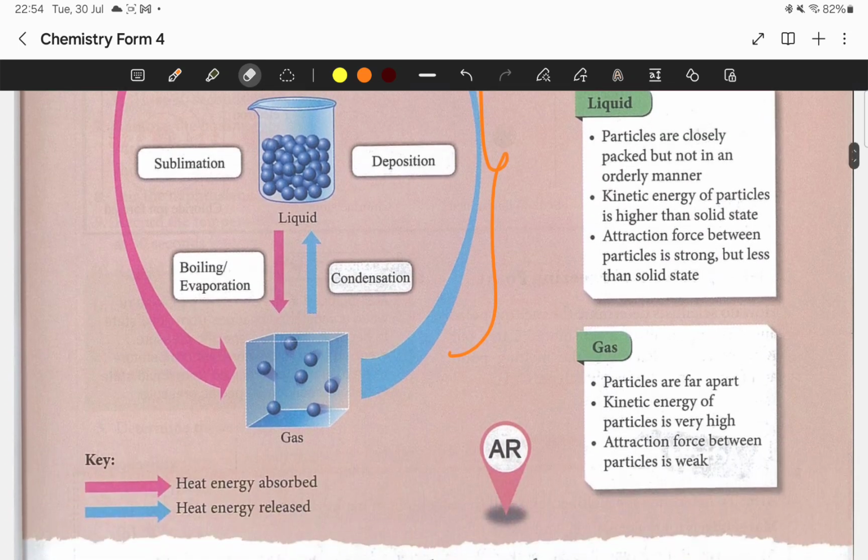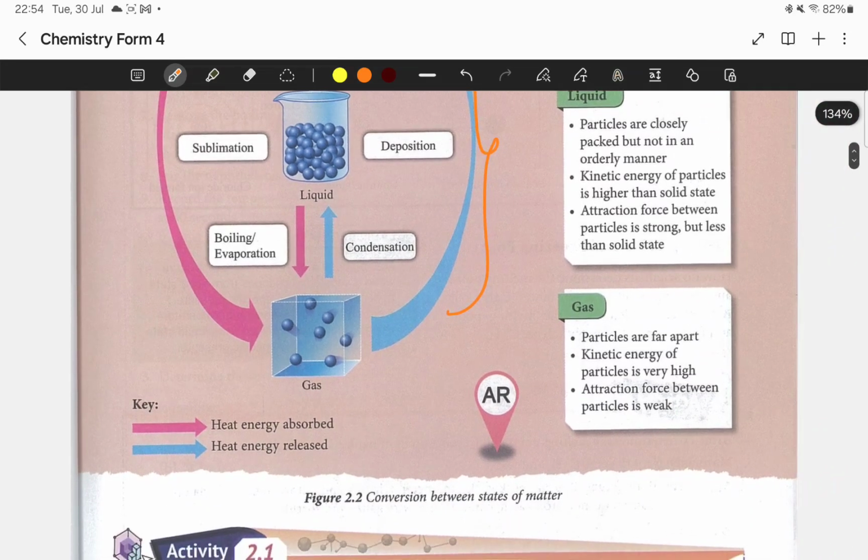And then gases. Gases, the particles are far apart. This is gas. You see the particles in a container, the particles are far from each other. So the particles are far apart, and the kinetic energy is very high because they can move freely and collide simply. Hence the attraction force is very low.